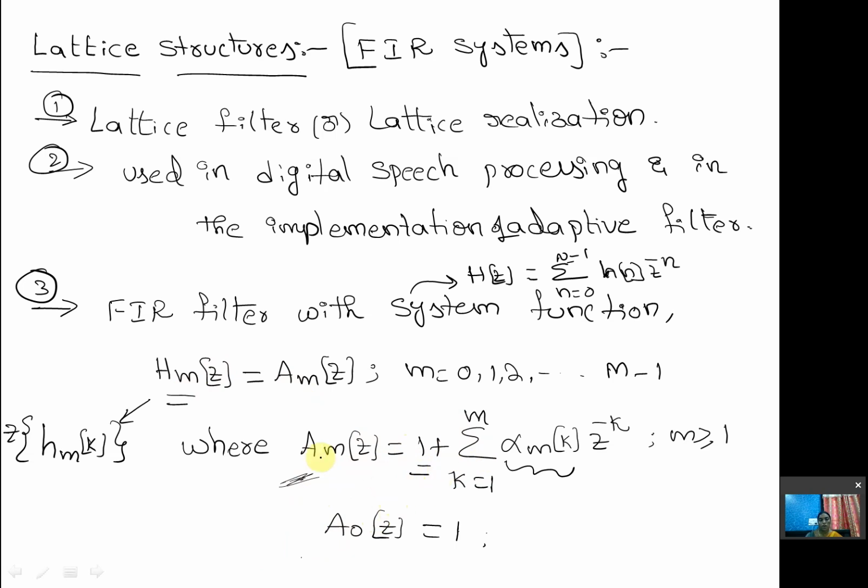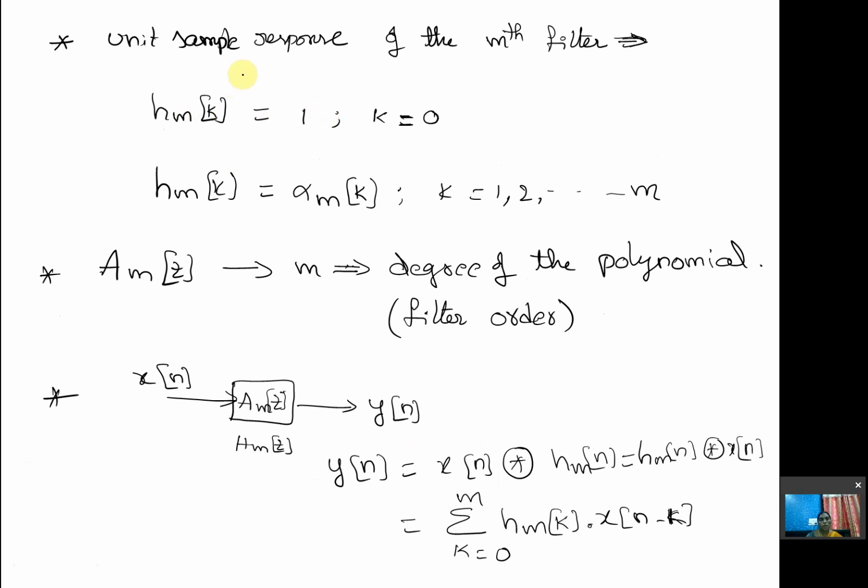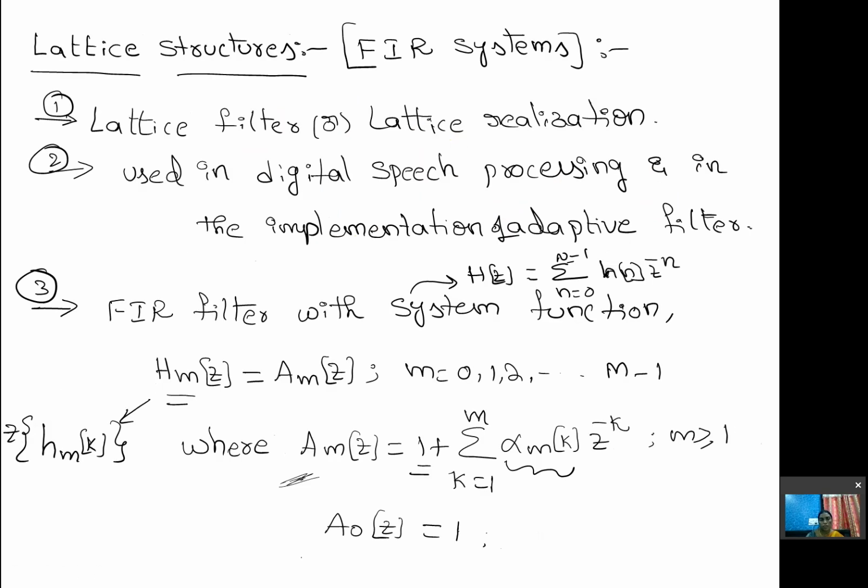Under these assumptions, the 0th order system function is 1 and h of 0 is also 1. Then from hm of z or am of z, the unit sample response is hm of 0 equal to 1 and hm of k equal to alpha m of k, for k from 1 to m. We place these values from this definition only.